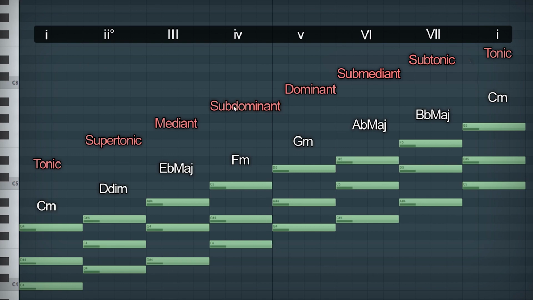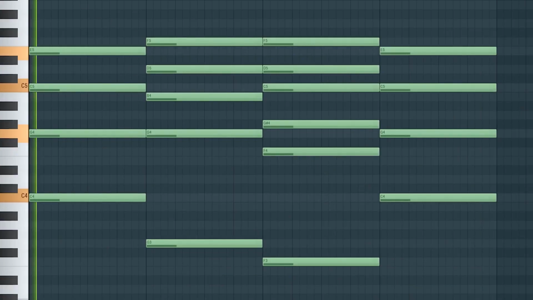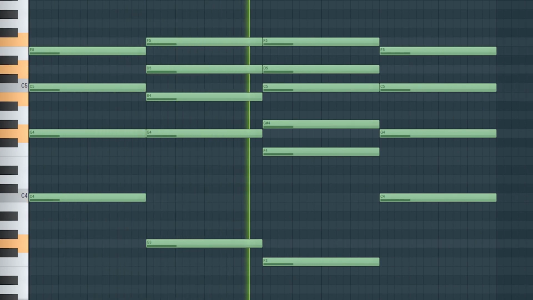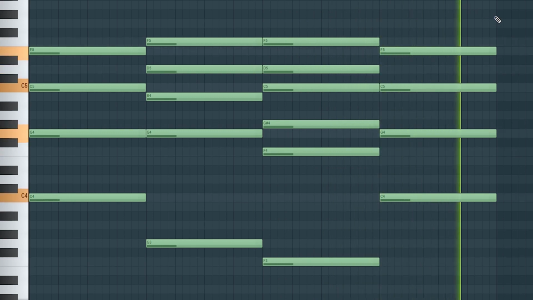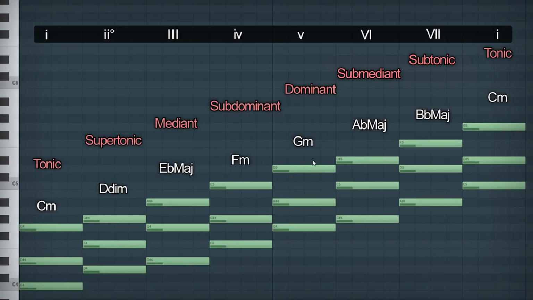So as we do it with F minor, maybe let's just for fun replace it with G minor chord. So it goes like this. We don't even need to think about it because both of them are minor chords.